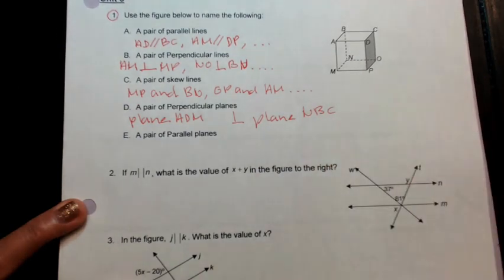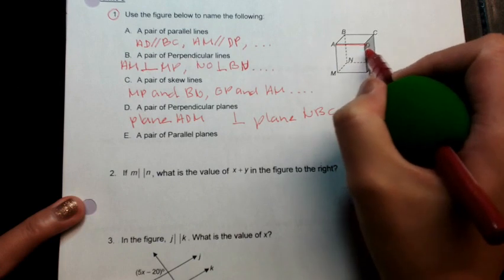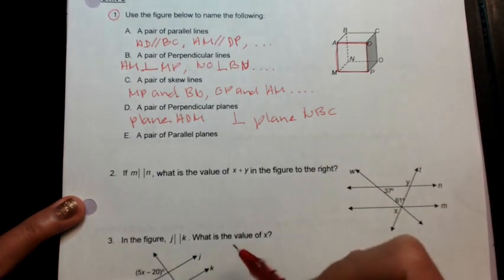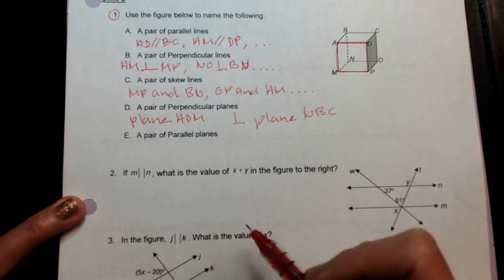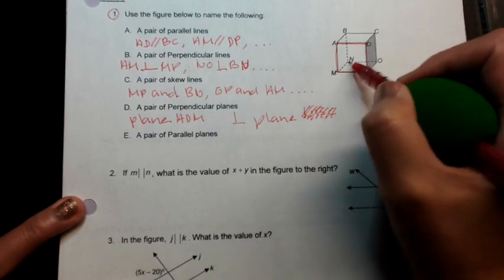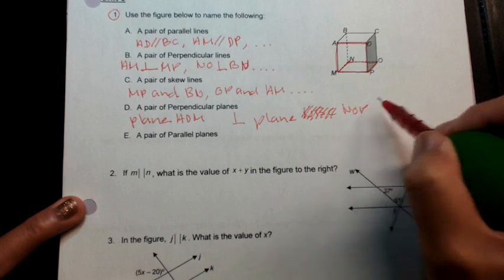Wait, but if I go ahead and draw this out, here's plane ADM. But if I do NBC, that's going to be parallel, right? So instead, NOP.